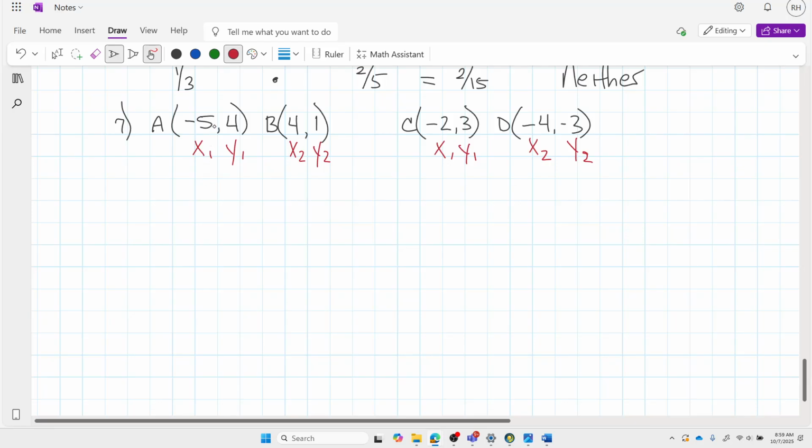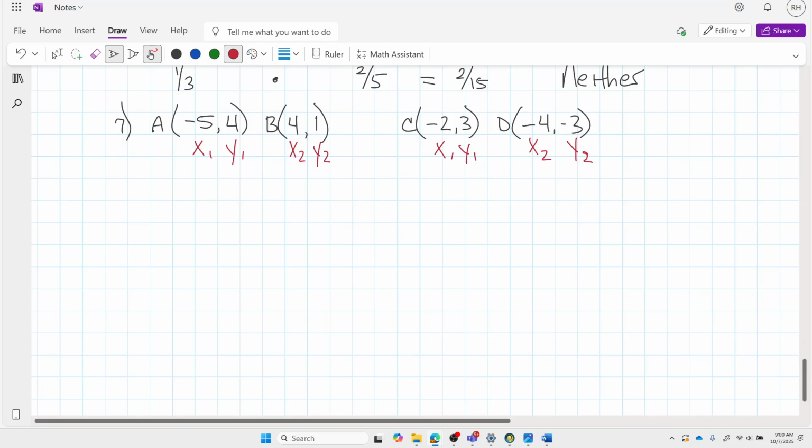Anybody else not know how to find the x, y coordinates of each of these points? Just take them right off the graph, right? Well, I was asking if anybody had a question about how to find the coordinates of each of these points on each line. You don't know how to do that.